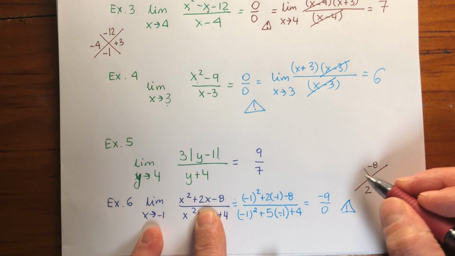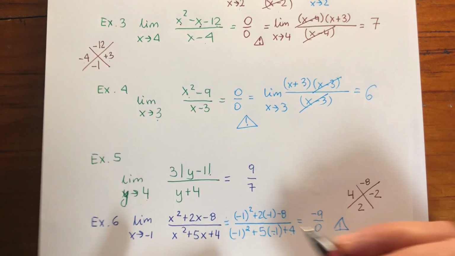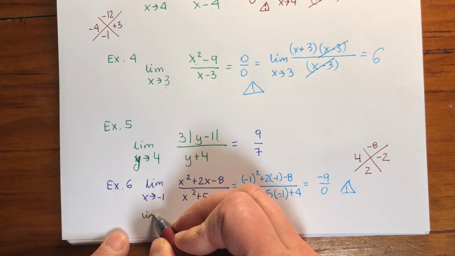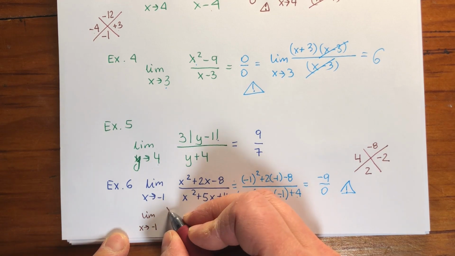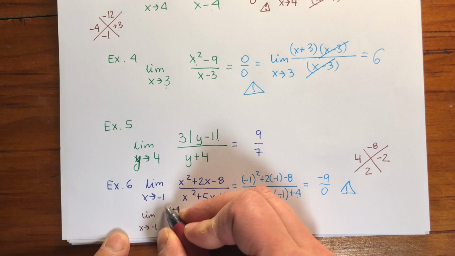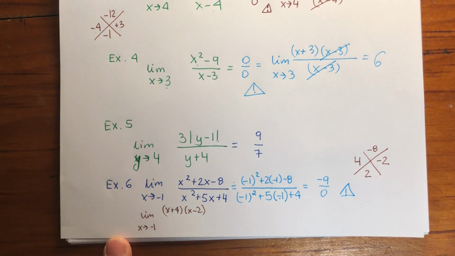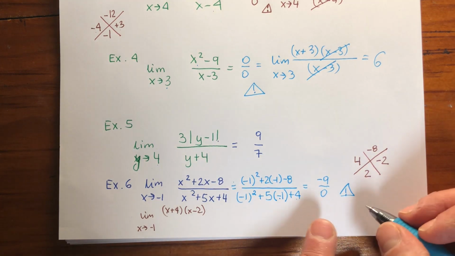Those two numbers are going to be 4 and negative 2. So limit as x goes to negative 1, I am going to have x plus 4, x minus 2. Notice we are using all the skills that my Algebra 1 class should be learning right now.